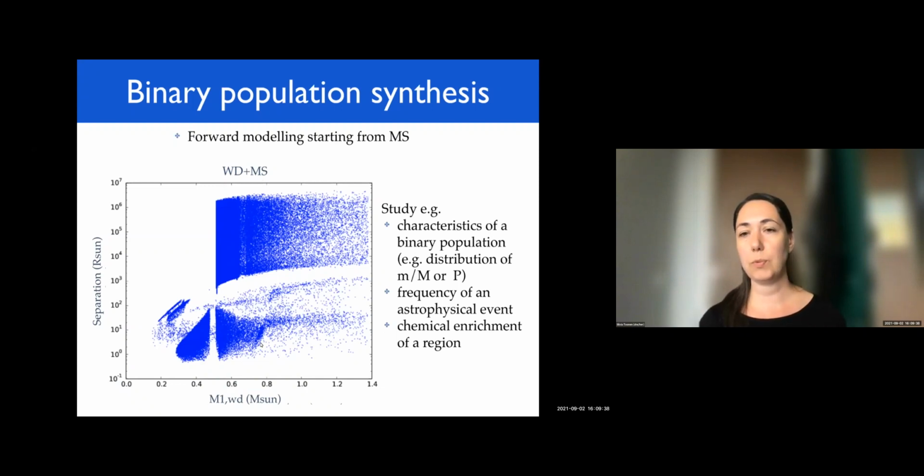Now we do this for a population of binaries, and what we get in the end is an idea of what the demographics are of that population. So here you see an example. This is what the typical masses and periods are, what the space densities are, but also what the rates of mergers or supernovae are, for example.